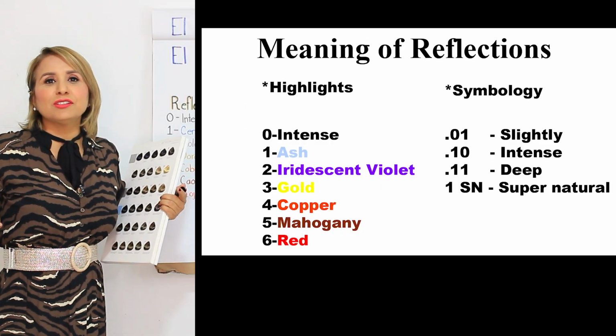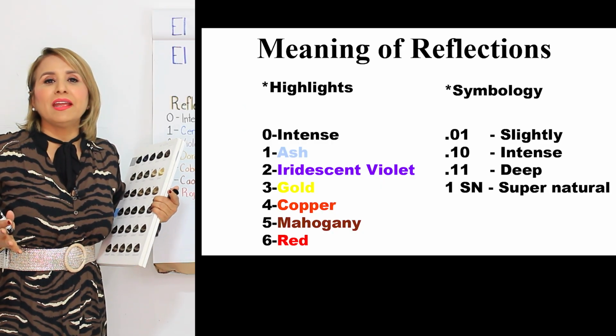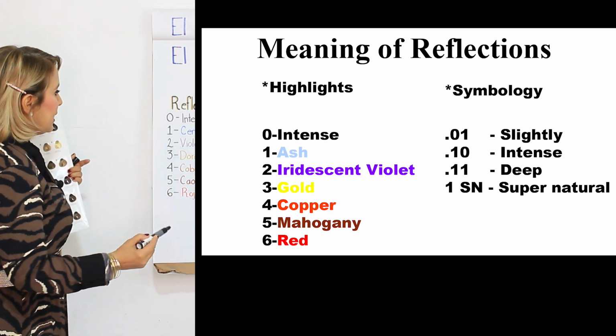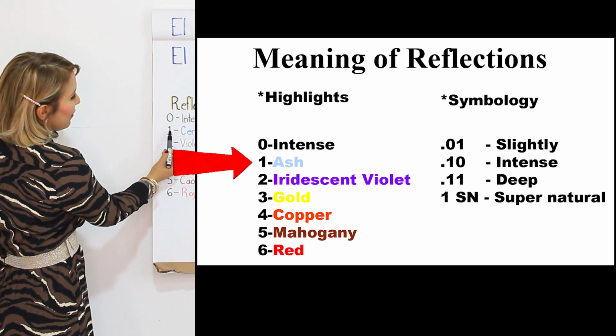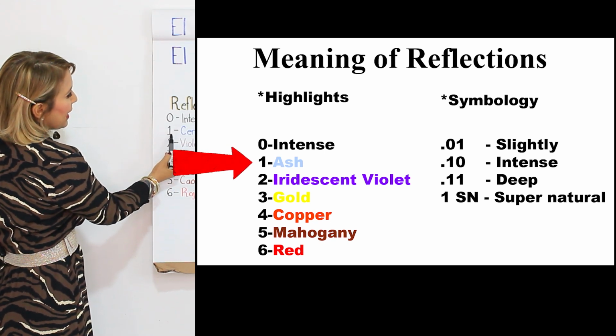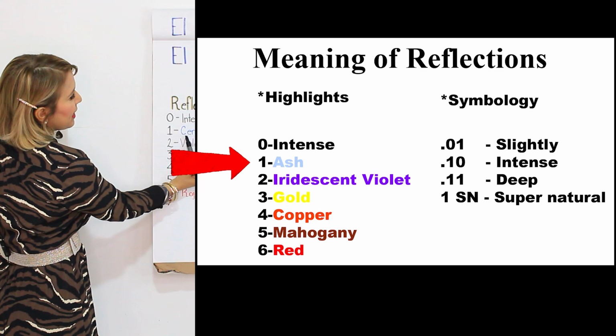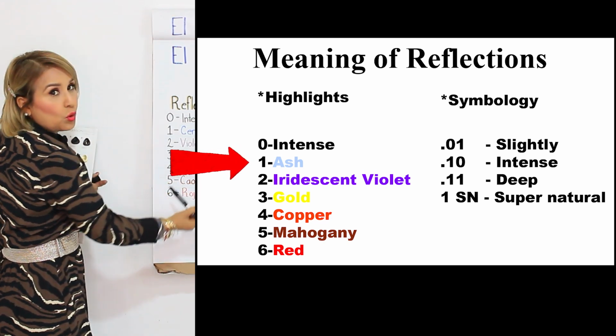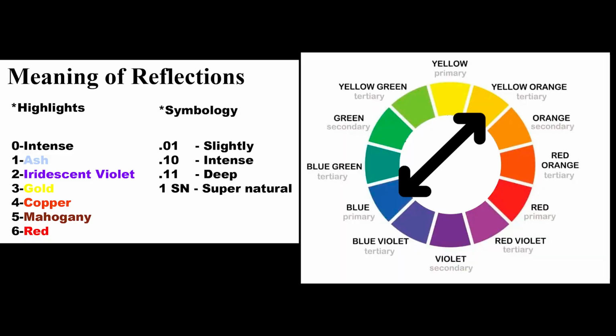So we will find the ashy reflection clearly starting from natural tone number 4. If you notice, the ashy reflection has the 1, and you will find that it is a distinctly blue reflection. This reflection will help me effectively neutralize a copper or red reflection.